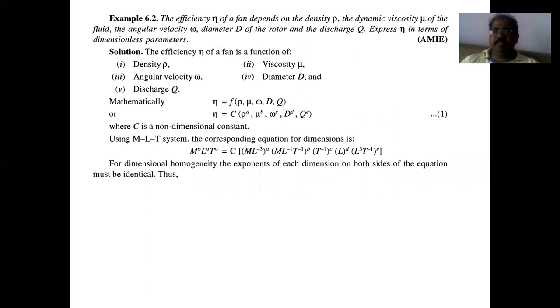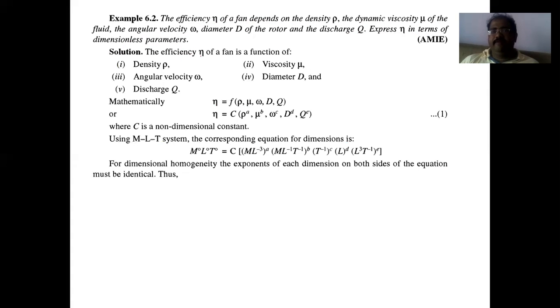Okay, let's start with the second example. The efficiency eta of a fan depends on the density rho, dynamic viscosity mu of the fluid, the angular velocity omega, diameter D of the rotor, and the discharge Q. Express eta in terms of dimensionless parameters.